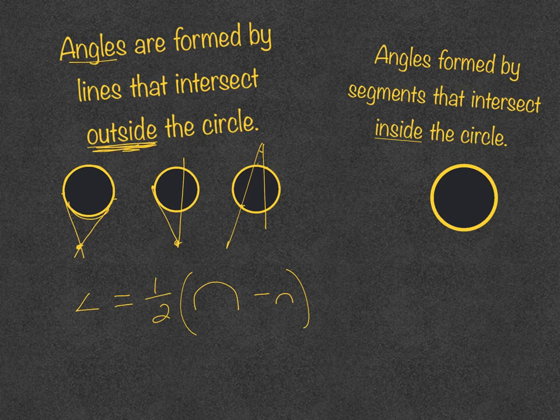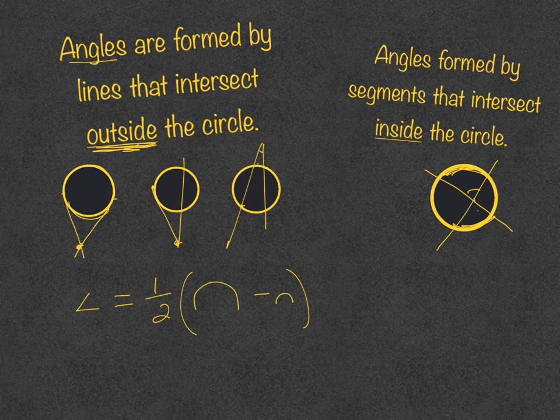Okay, so then we have the other formula when our secants go through the circle and we form an angle. Okay, and so we're always going to use the intercepted arc of that angle and of its vertical angle.